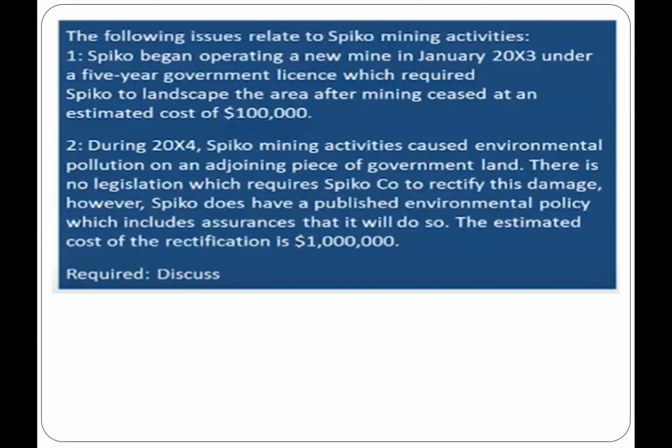So when you are then answering this question, I would expect that I would see a small heading that is talking about legal obligation. And then you would say that we signed a 5-year government contract that requires us to landscape the area after we have ceased mining.